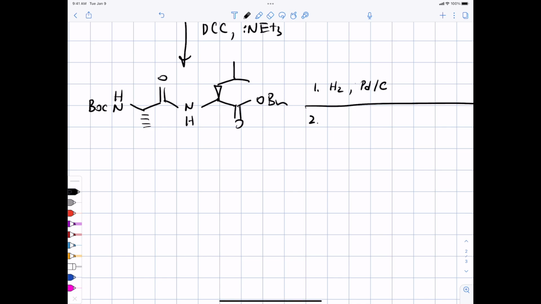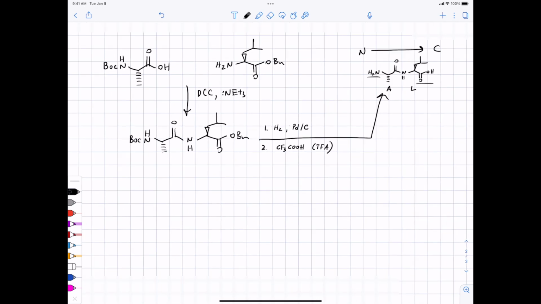And then if I wanted to remove the Boc group, I could use a strong acid. Trifluoroacetic acid is a common one. It's called TFA. And that would give me my desired product.